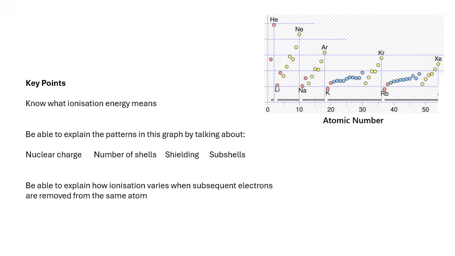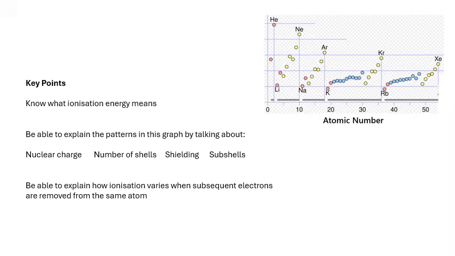Key points. Know what ionization energy means. Be able to explain the patterns in that graph. I've waffled on about it quite a bit. Talk about nuclear charge: the more protons there are, the more attraction there is. The number of shells, which is going to affect shielding, but it'll also affect the distance from the nucleus.